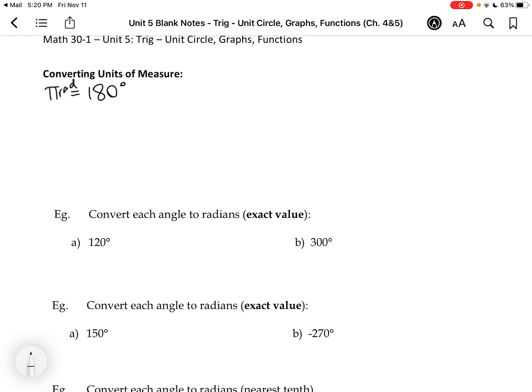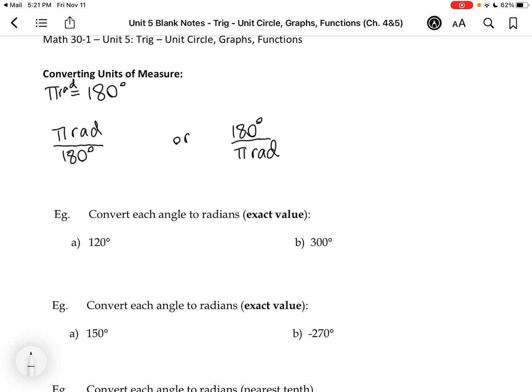Now, if we take these two values and put them into a ratio, we could look at that ratio as being pi radians over 180 degrees, or 180 degrees over pi radians. And in fact, the value of both of these proportions is 1, because they are equivalent to one another. They're given in different units, but they have the same measure. Pi radians is equal to 180 degrees.